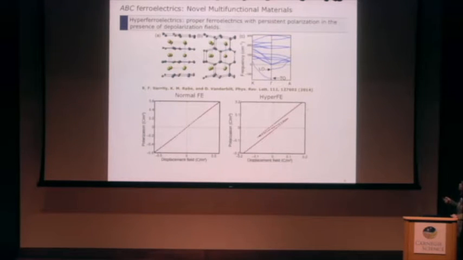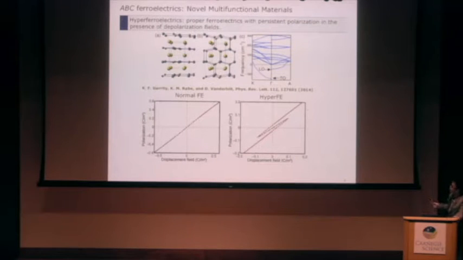This is the phonon spectrum for the nonpolar phase. As you can see, both the TO mode and LO mode are unstable. This is very different from conventional proper ferroelectrics such as lead titanate and barium titanate, where only the TO mode is unstable in the nonpolar phase. The consequence of this unstable LO mode is that hyperferroelectrics can be polar even under ideal open-circuit conditions.